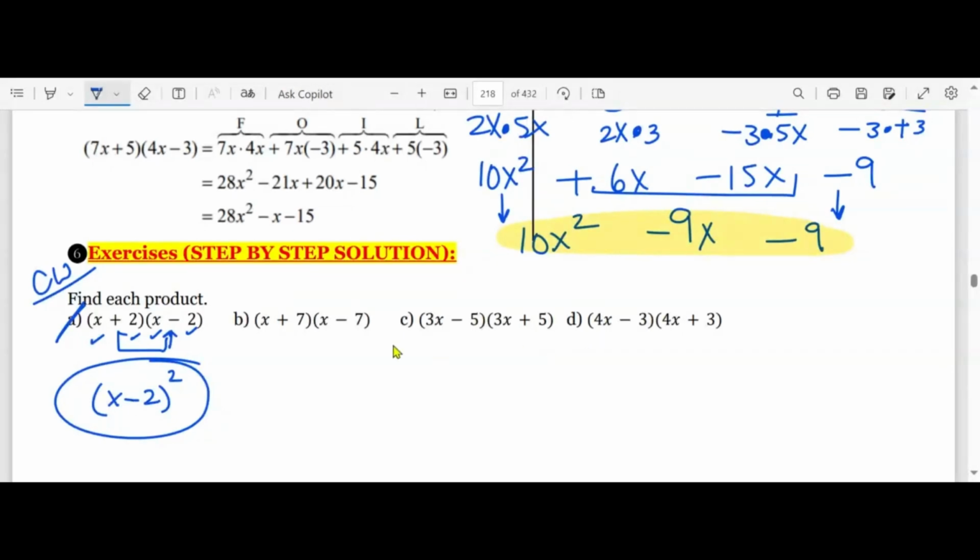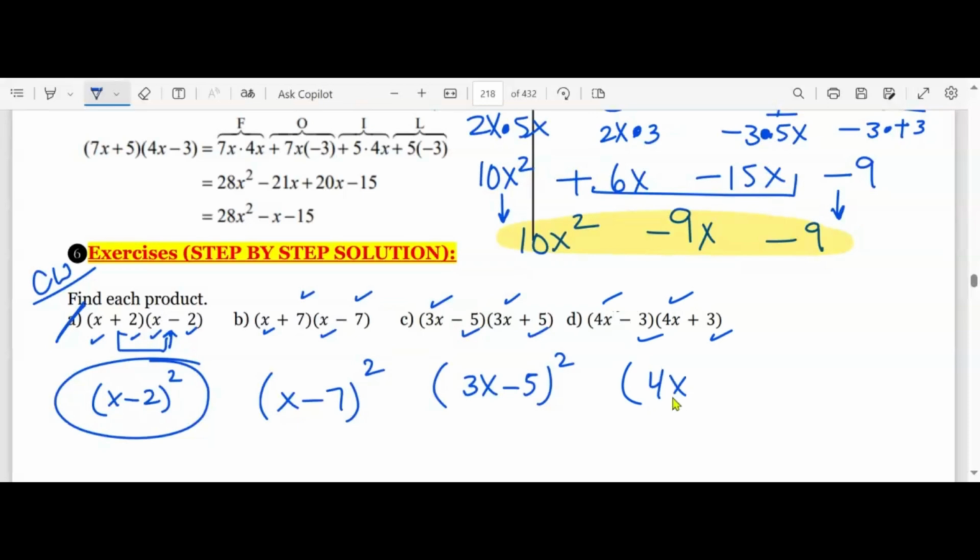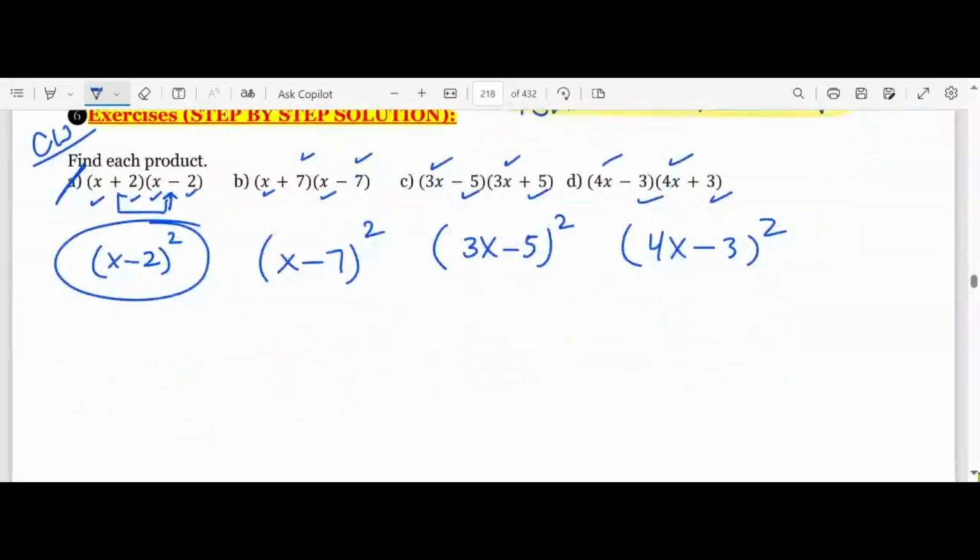X squared minus 4. Is this the same? Different? Same or not same? Same. So I don't do anything, just write it like this. That's the answer. Easy?